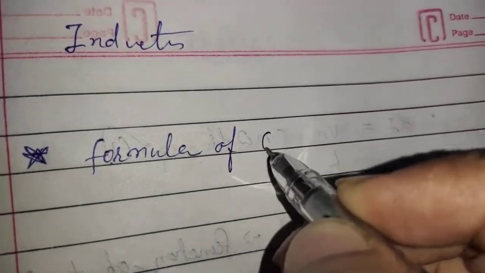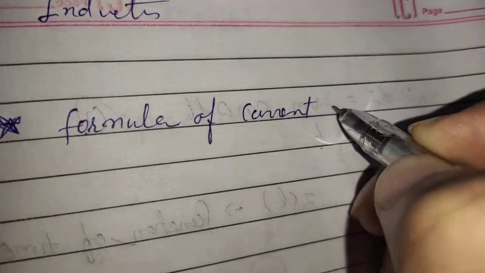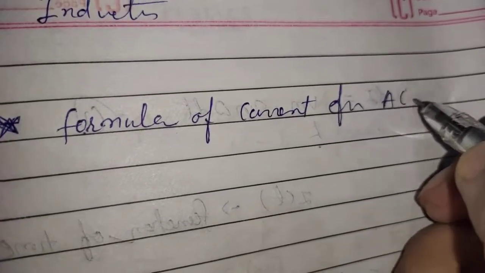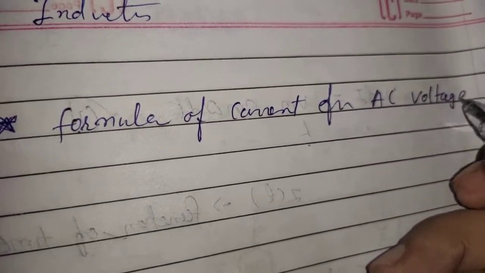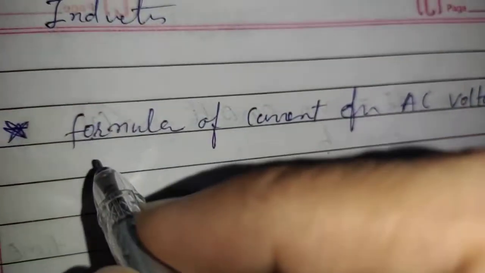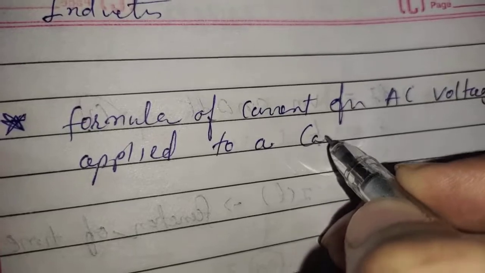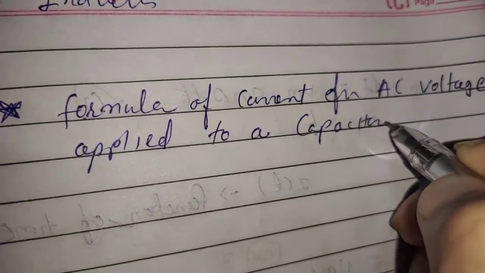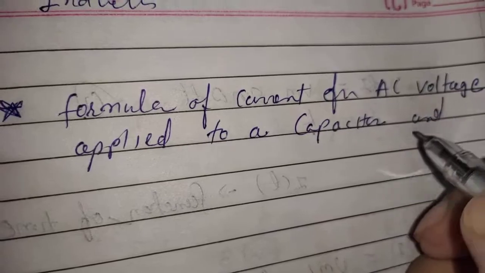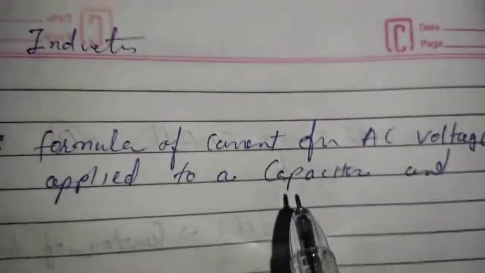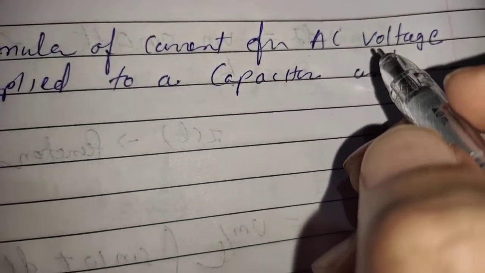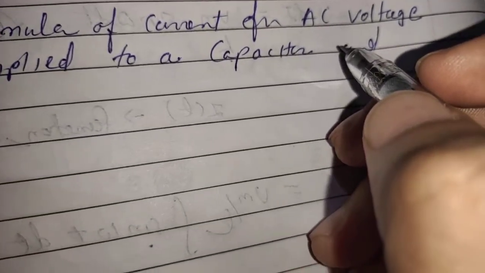Obtain the formula of current for AC voltage applied to a capacitor, and draw the graph. Now guys, first we saw about the inductor. Now we will see about the capacitor. A pure capacitor connected in AC circuit is shown in figure.